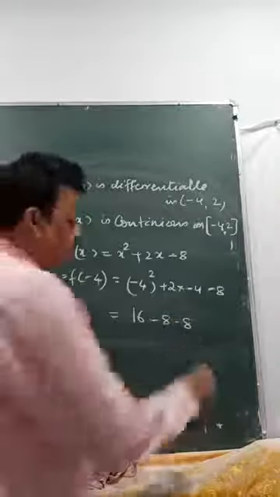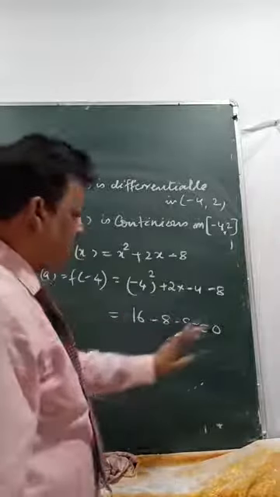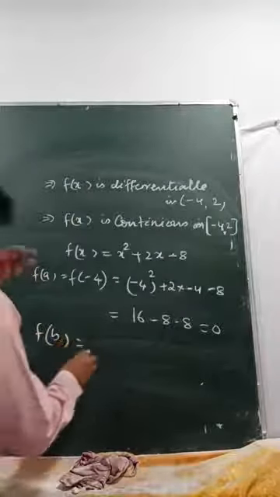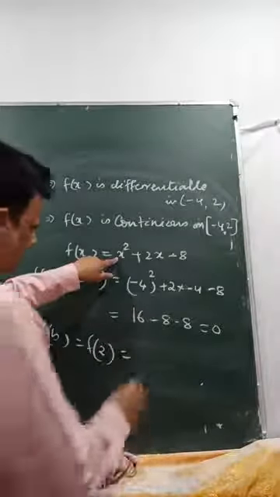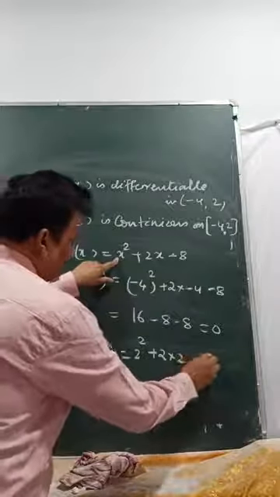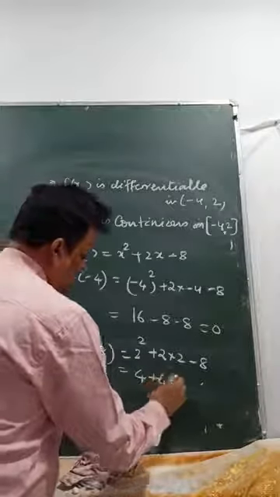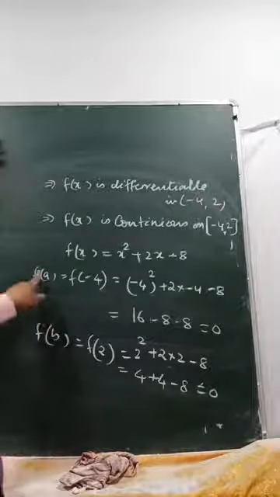This will become how much? This is 0. That means f(a) became 0. What is f(b)? f(b) is f of 2. Put 2 here. 2 square, 2 into 2 minus 8. 4 plus 4 minus 8, that is also 0. That means you got f(a) equals f(b).